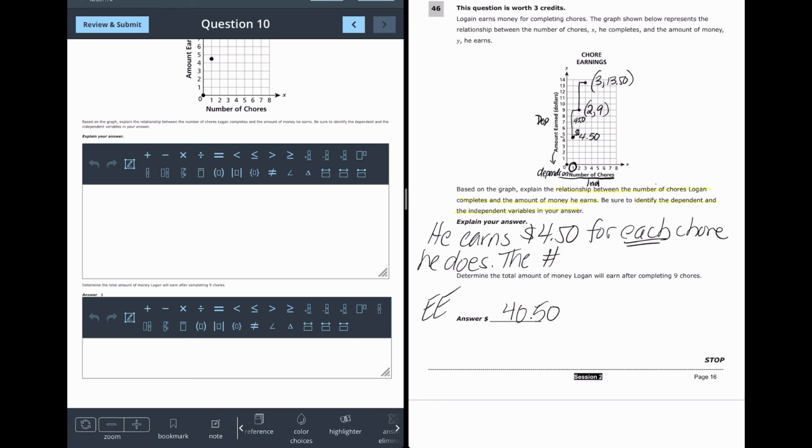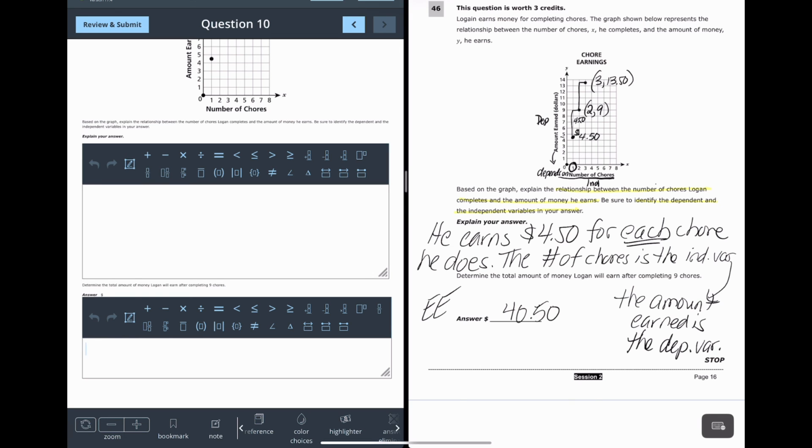The number of chores is the independent variable. I'm only going to write the small for space. The amount earned is the dependent variable. All right, so now I'm going to just retype all this in.